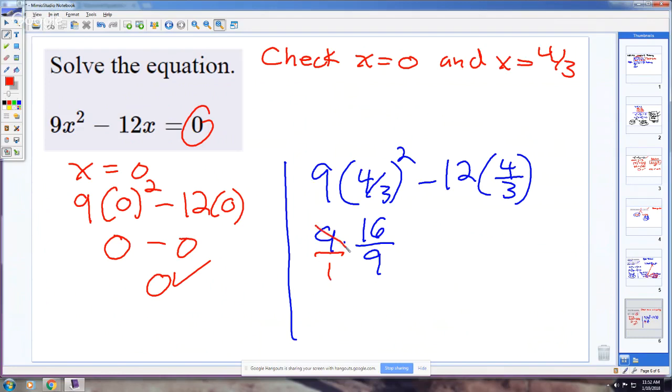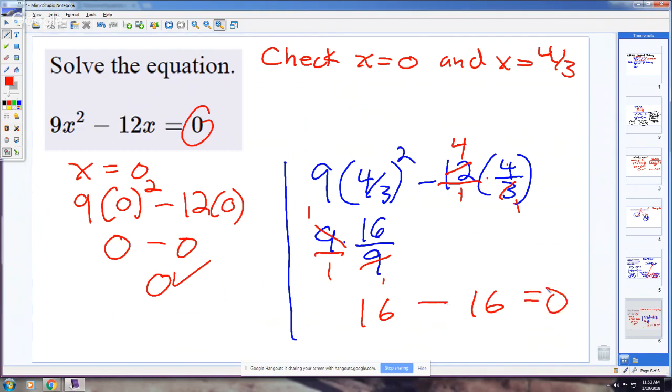Multiplying, you can cross cancel, so the 9's divide out, and I get 16. 12 times 4/3, I look at that as 12 over 1, and I'm multiplying so I can cross cancel. 3 goes into 12 4 times. 4 times 4 is 16 in the denominator, so that's no big deal. Yeah, 16 minus 16 is 0, that checks.